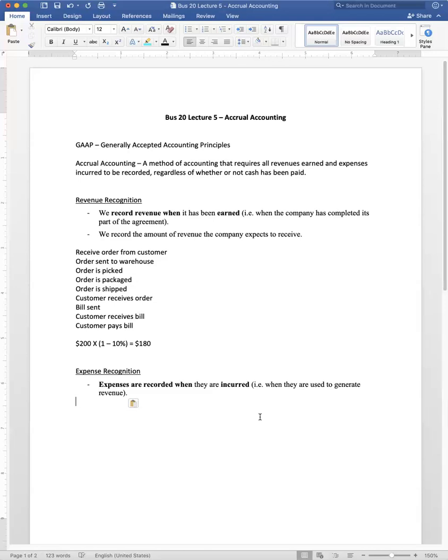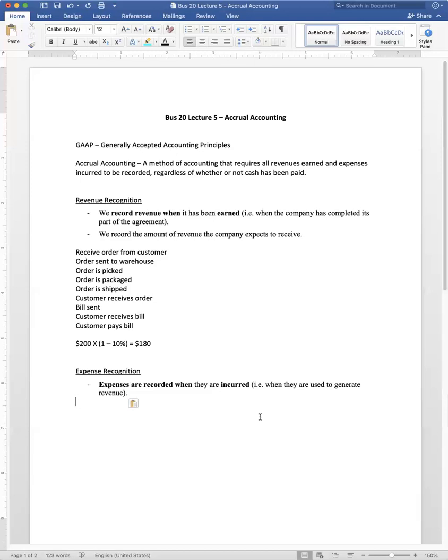But let's say the employees who worked in September are not going to get paid until October 1st. So that salary expense, does it belong in September or does it belong in October? Well, the answer is it belongs in September because that's when they did the work and earned the revenue. Even though they're not paid until October, when was the work performed and when was the revenue earned, right?